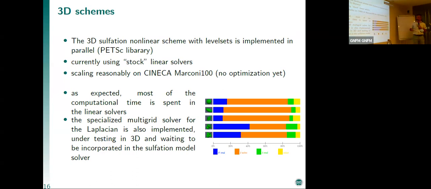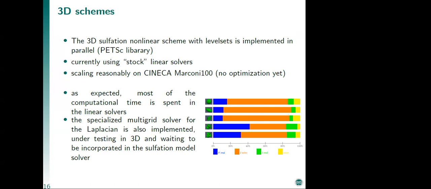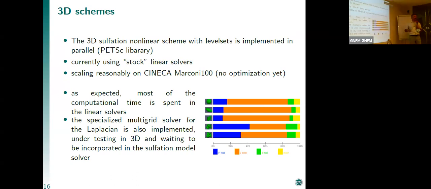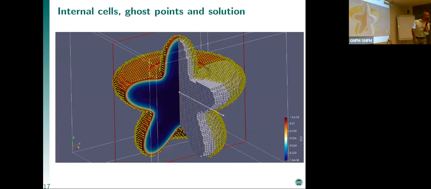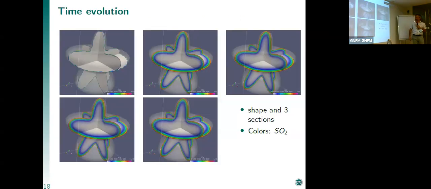I've done some profiling that indicates that most of the time is spent in the linear system solves. And since we are now using stock solvers from the library, we have some hope that putting in our multigrid technique will speed up everything. But it's already reasonable and can perform some computations.